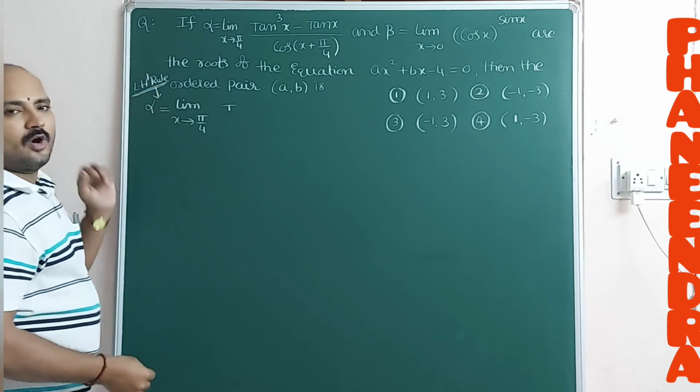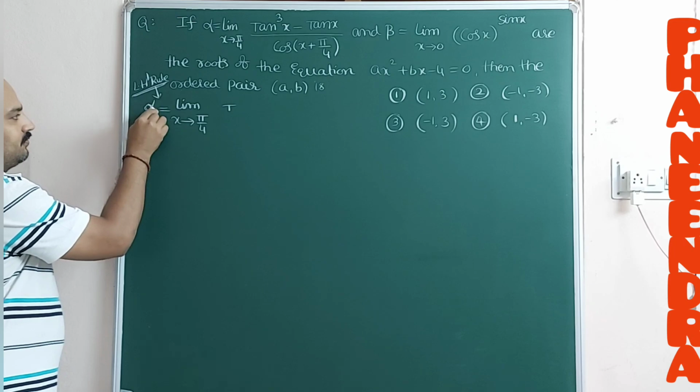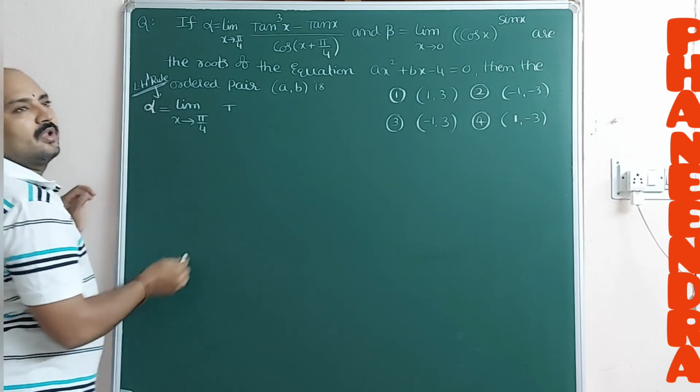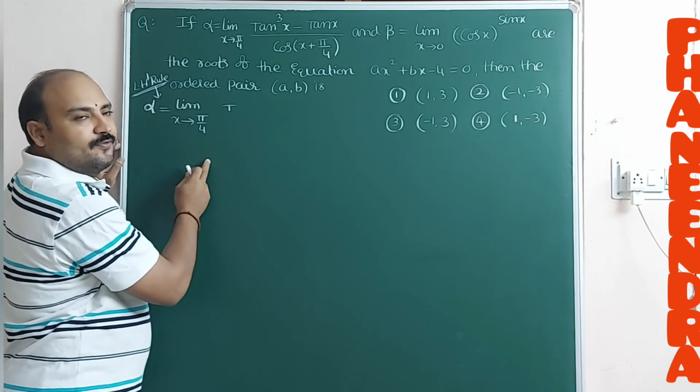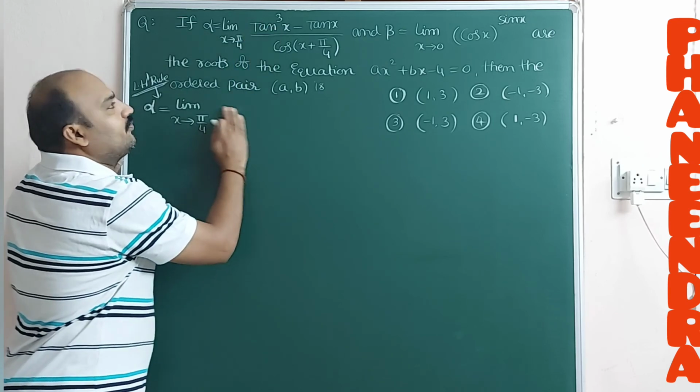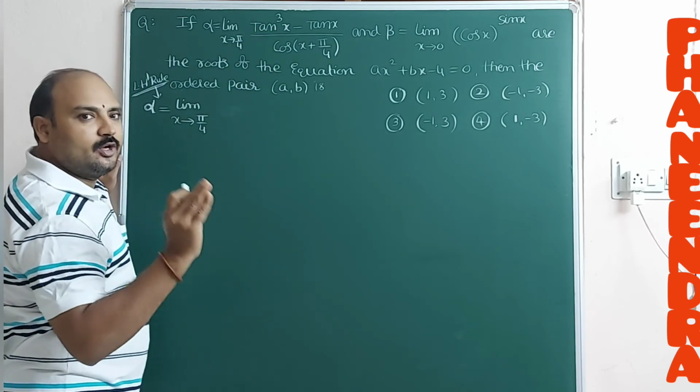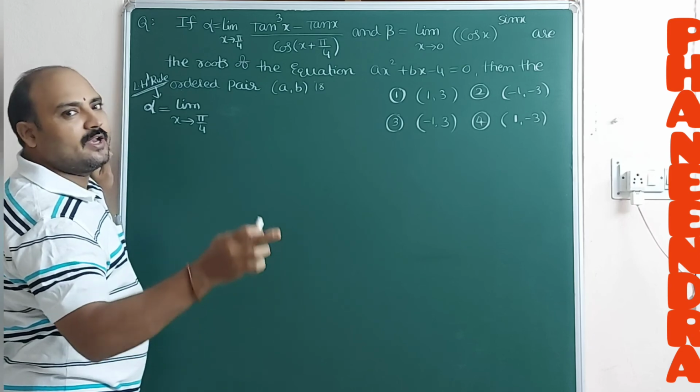To get the value of alpha, limit x tends to pi by 4, derivative of tan cube x: f of x whole power n gives n into f of x whole power n minus 1, and again you differentiate f of x.